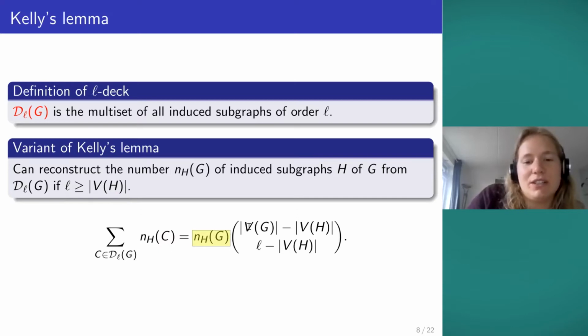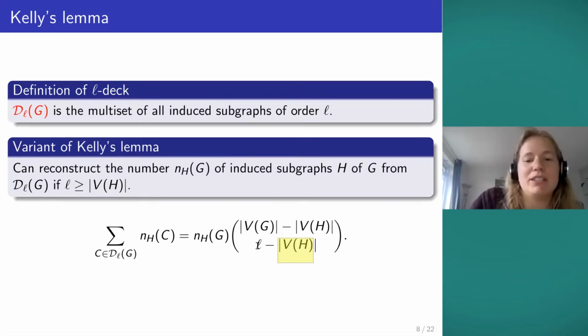Well, we fix the vertices of the copy itself, and now we need to pick L minus the number of vertices of H more vertices from the remaining vertices of the graph. This is exactly the same as on the previous slides, where we had n-2 because that was the remaining part.